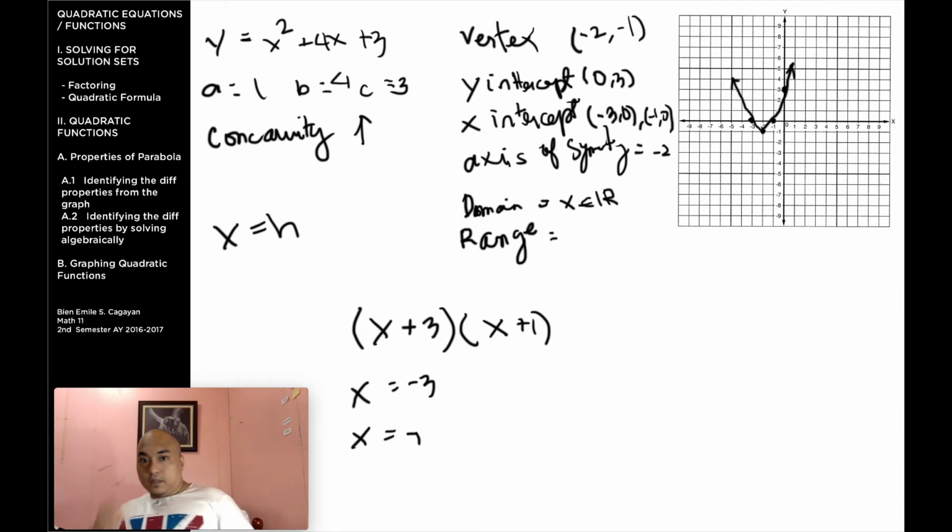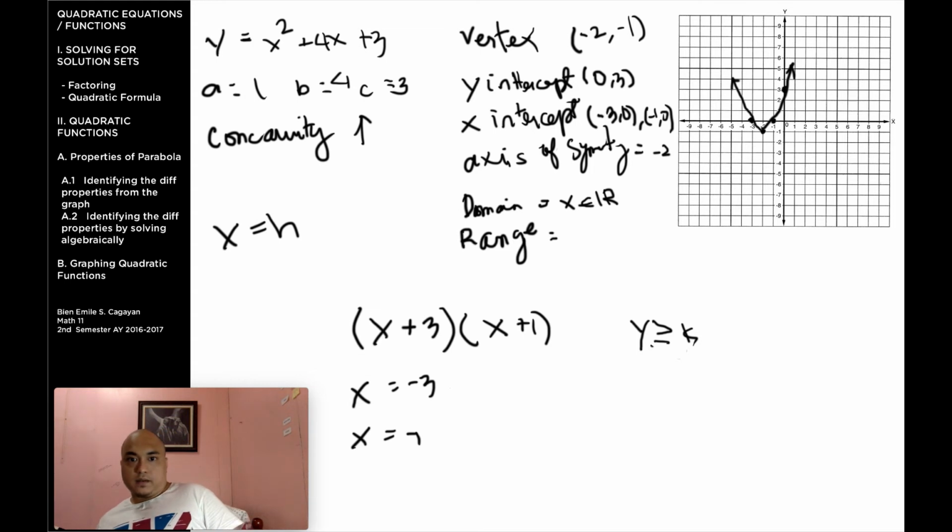But as for y, for the range, however, we check the minimum point, which is negative 1. So we know that if y is less than k, the concavity is upwards.